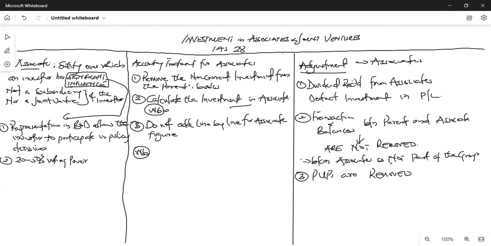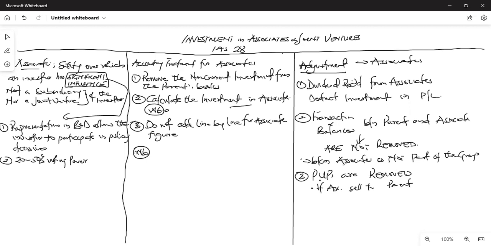So if the associate sells to the parent, what are we going to do?